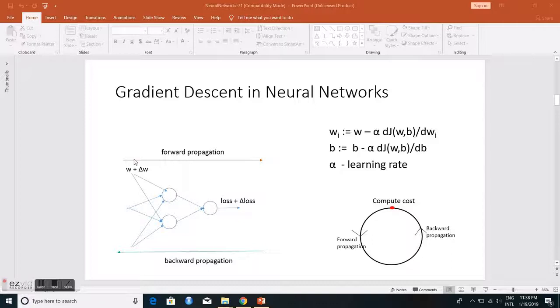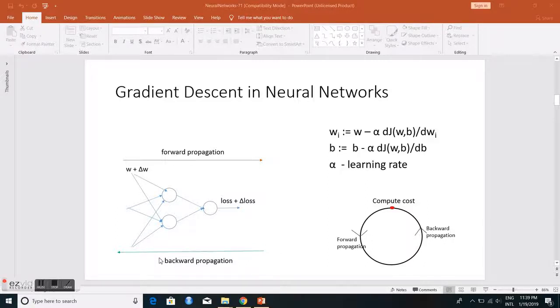This typically follows what is known as the forward propagation cycle, where we take the input features, use the weights, compute the activations in each of the hidden layers, and compute the loss. Then we take the gradients in the backward direction, which is how the loss varies with respect to the weight, and how the loss varies with respect to the bias.